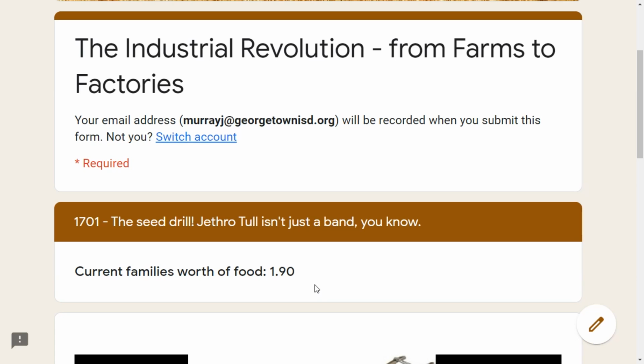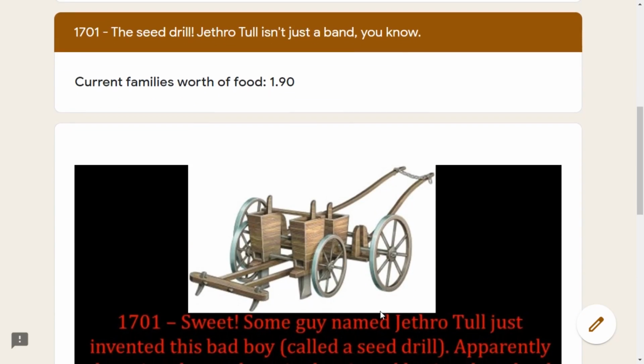Regular farmers didn't often have that much money. Most of what they had, their clothes, their tools, they made for themselves. But now, making nearly twice as much food as you needed, you could actually sell some and have money to buy more stuff. And as you'll see, that's going to be one of the things that powers the Industrial Revolution.